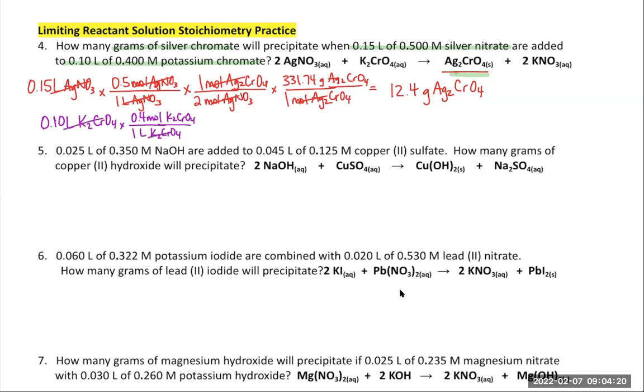That unit will cancel. Now I want to relate my potassium chromate and my silver chromate. I know that for every 1 mole of potassium chromate, there's 1 mole of product produced.